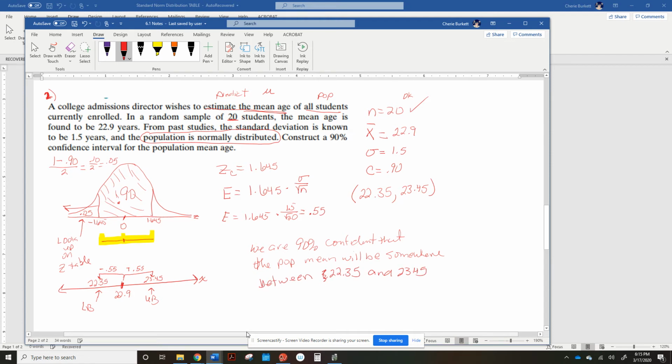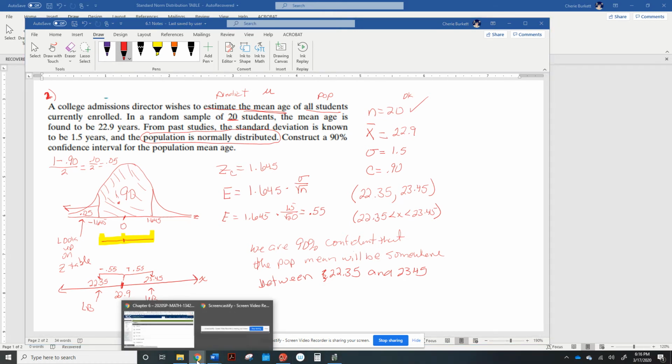This is the confidence interval right here, and you can also write it as an inequality, like that. Okay, now I'm just going to real quickly run over here to StatCrunch.